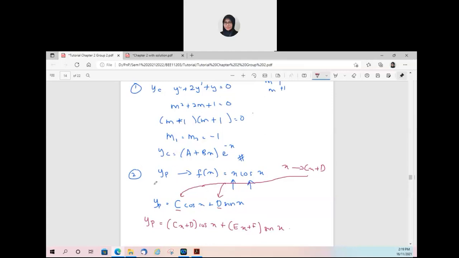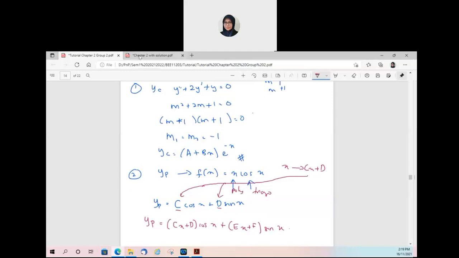Okay, awak tengok YP awak yang ini daripada FX kan? It's come from FX. Okay, so FX kita ada X cos X. Betul? You have trigo and polynomial here. This one is trigo. This one is polynomial.